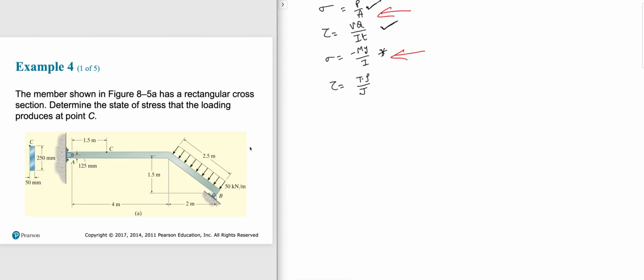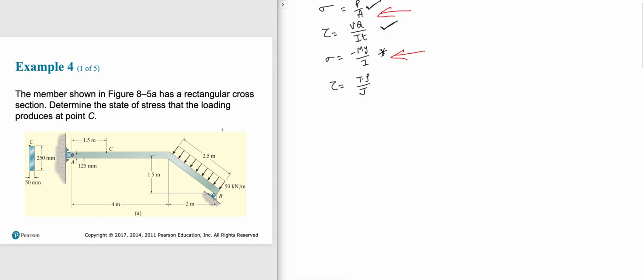And like a regular problem where you have this type of loading from A to B, an inclined distributed load. Then if I ask you here, what is happening at C, where the cross section looks like this, that means you cut at C into the page, you see that it has a width 50 and a thickness 250 millimeters. And I'm specifically asking you at that point, see what happens.